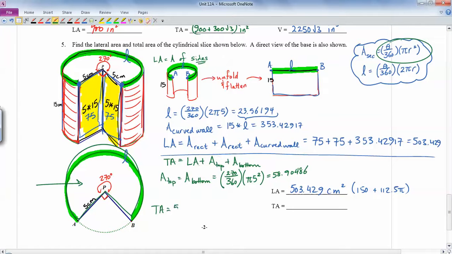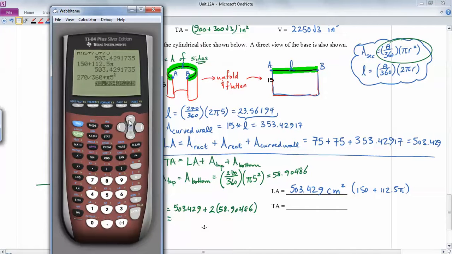Lateral area first, 503.429 plus, one top, one bottom, so 2 times 58.90486.